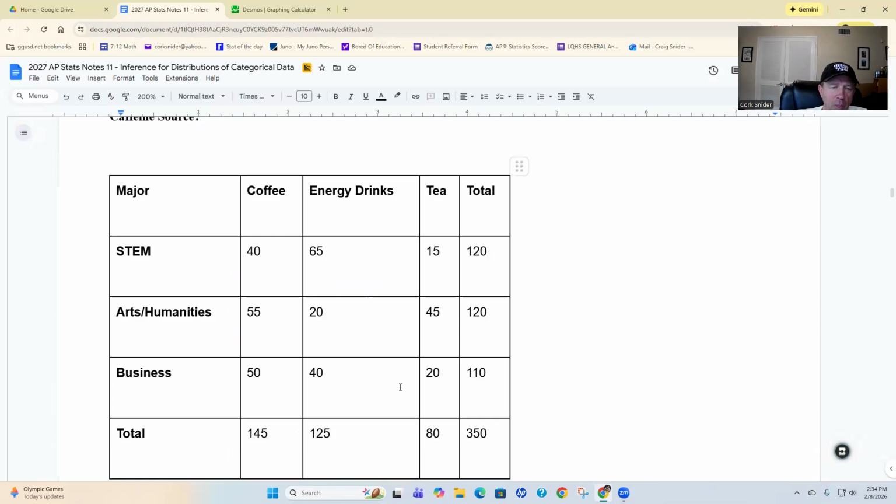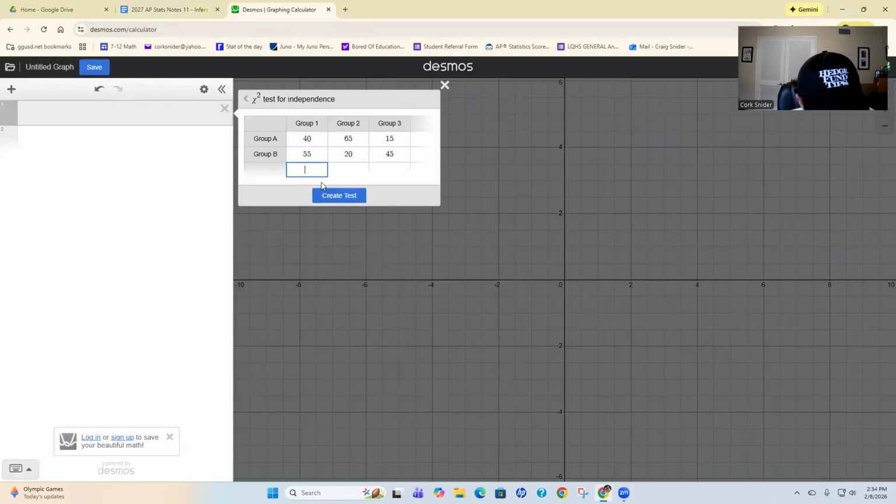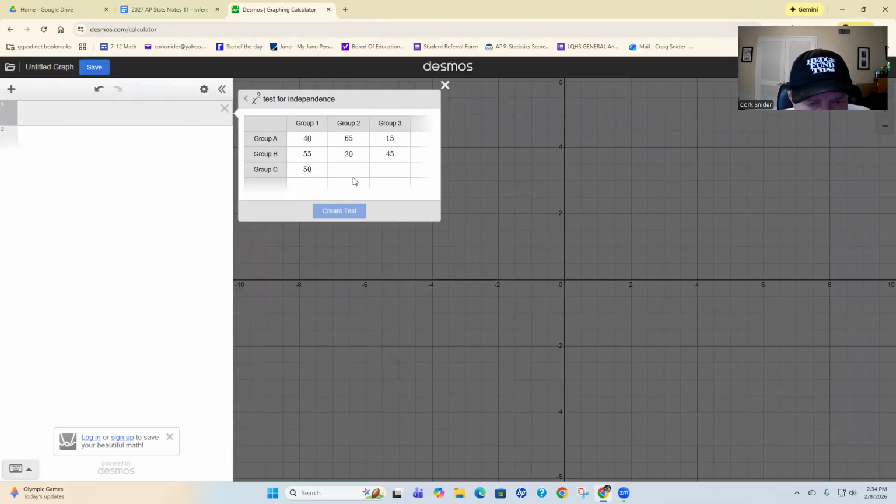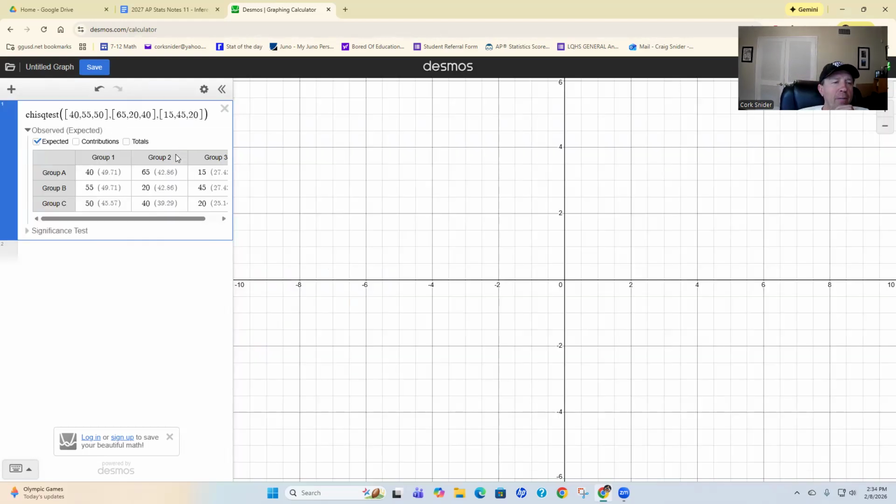And then the last one is 50, 40, 20. Okay, create test. Get the expecteds first. All the expecteds are bigger than 5. I won't write those out, but you write them out on the test and look, they're all bigger than 5.